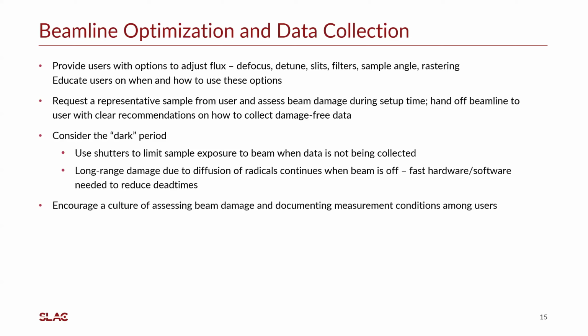So yeah, nice talk. It's a very interesting topic to hear. I'm just wondering, you mentioned during the data processing and the interpretation that if you can't achieve a damage-free spectrum, you can collect damage series and retrospectively try and estimate a zero dose spectrum. However, if you have samples that are damaging on a time scale of seconds or less than seconds, how can there be a certainty that the estimation of the spectrum is what you believe it to be?